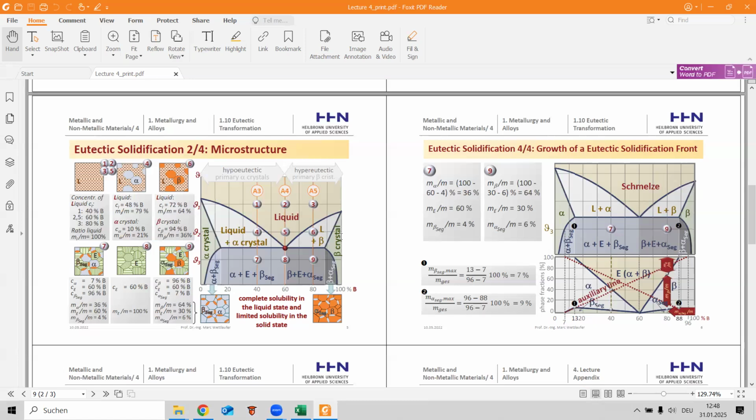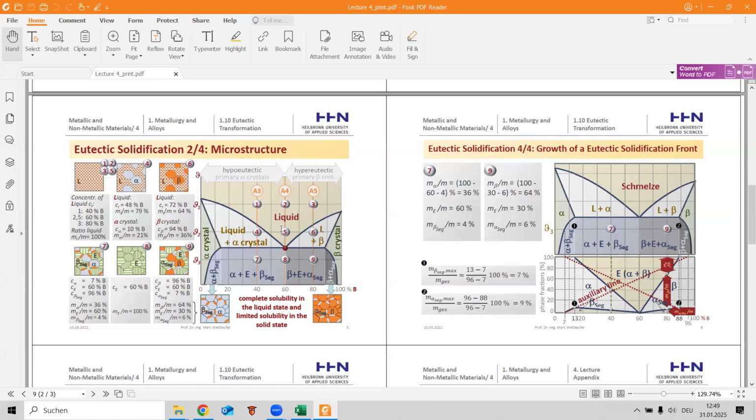So when we have high temperatures, the alloy is fully in the liquid state, so L. When we start cooling this liquid, it starts to harden, making one of the solid phases.